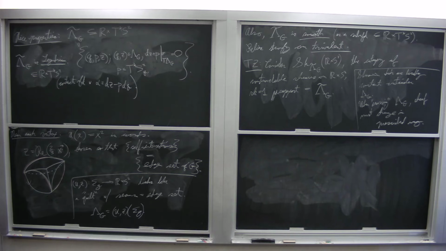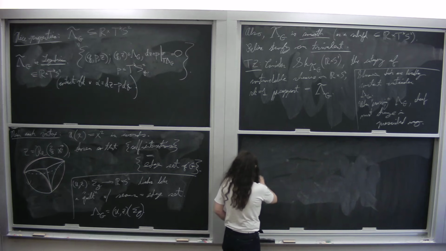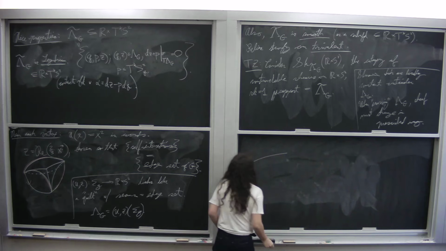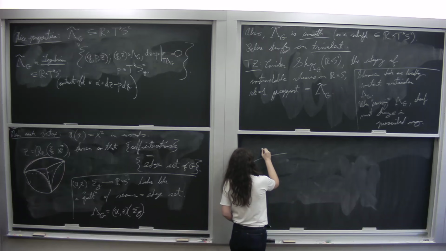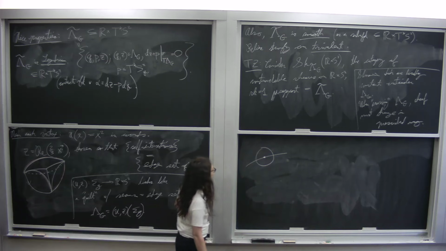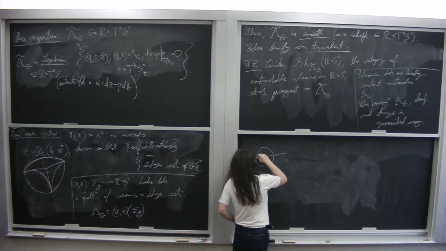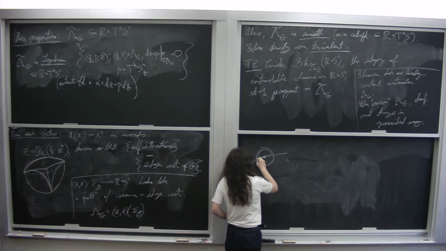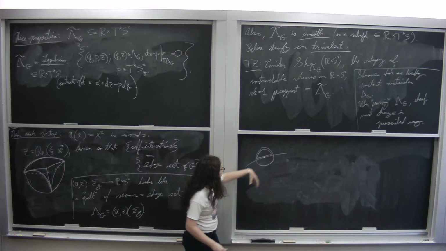So let me say what that is. First of all, the rule is that if you take the stalk here, and then you take the inclusion map into here, that's just an arbitrary map.